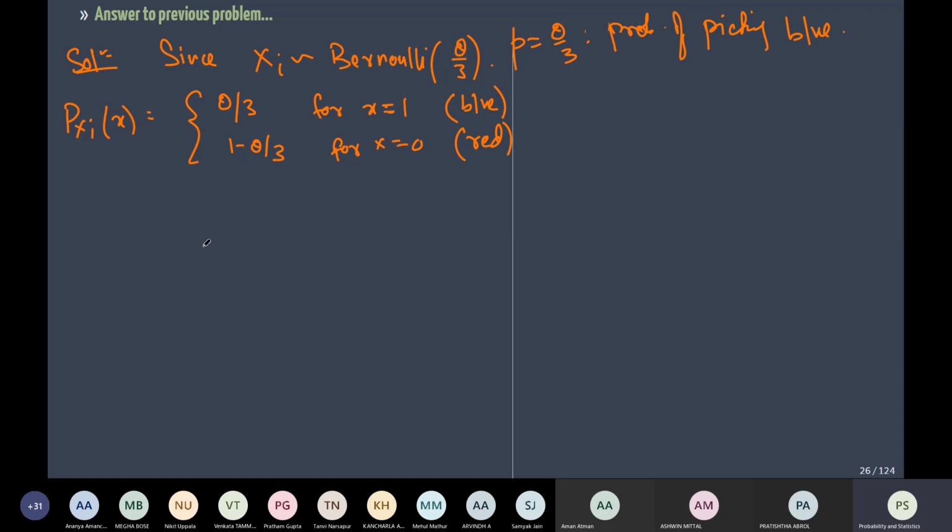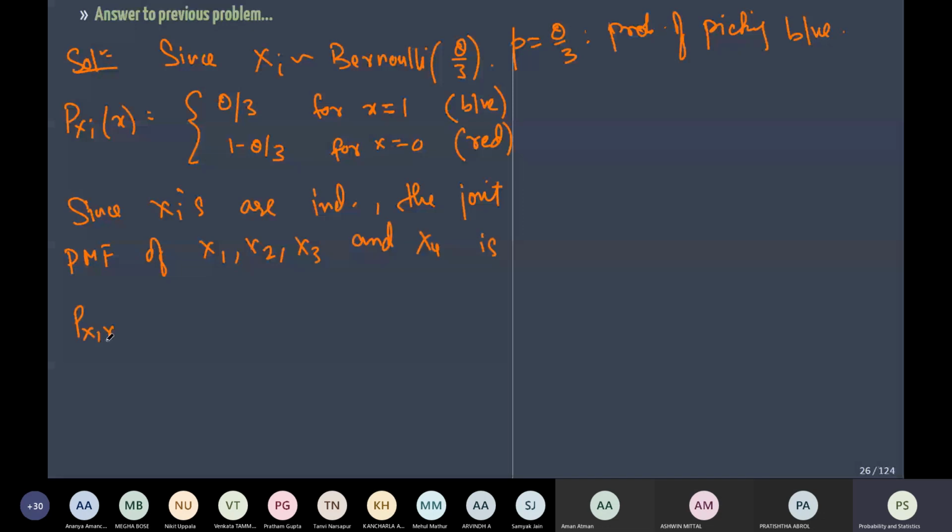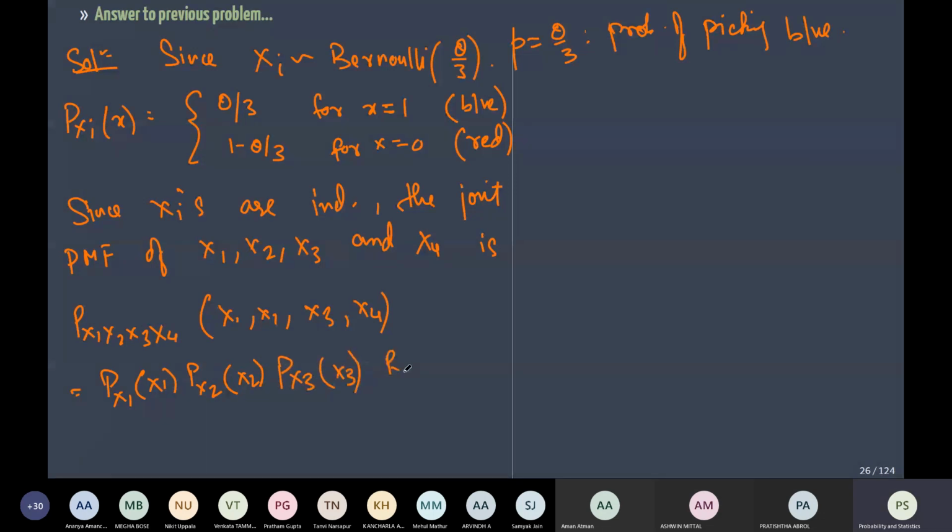Since the xi's are independent, the joint PMF of x1, x2, x3, x4 is just the product of the individual PMFs.